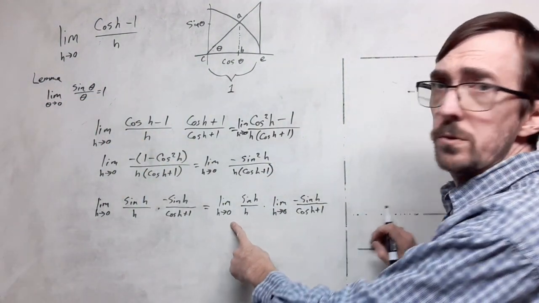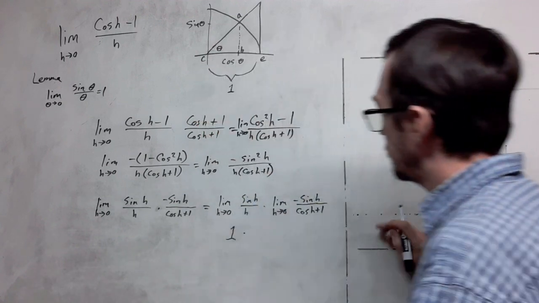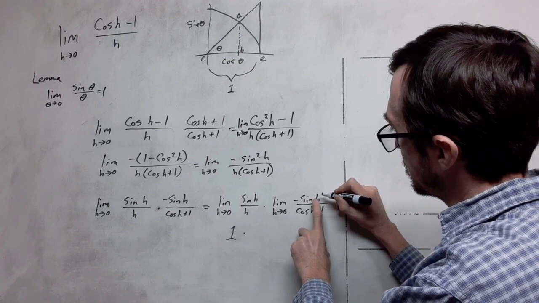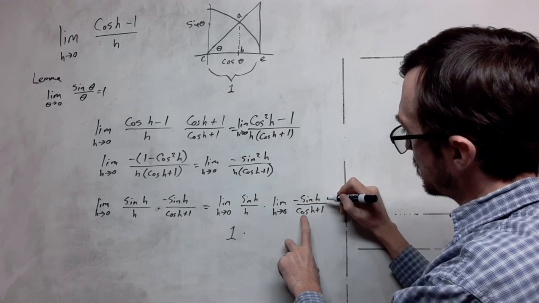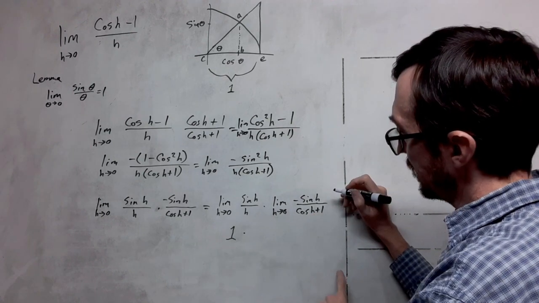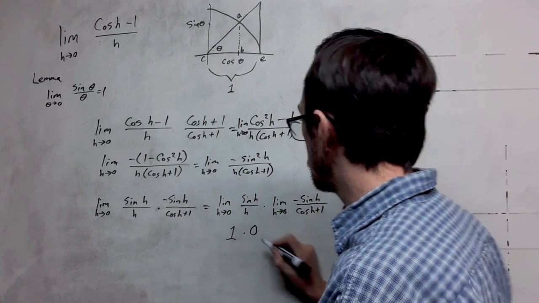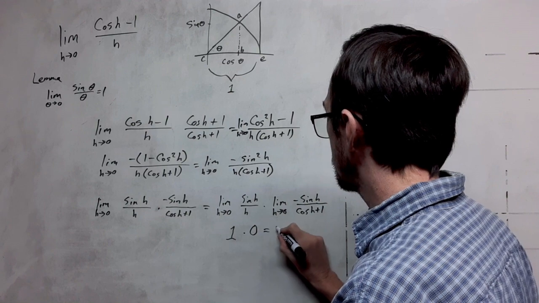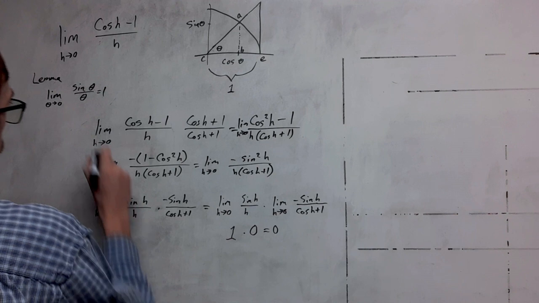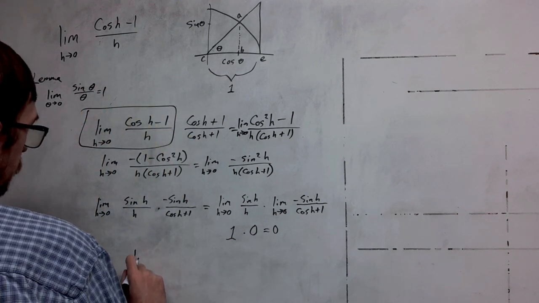This is going to go to 1. And then we look as sine goes to 0, this is 0. As cosine goes to 0, this is 1. So you get 0 over 2, which is just 0. So we have 1 times 0 is 0. So what we end up with is that the limit here is going to 0.